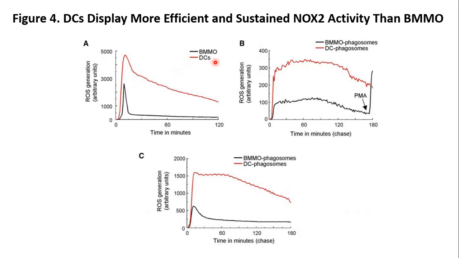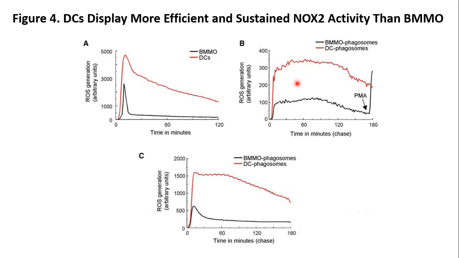You can see that DCs sustained a higher and more prolonged production of ROS than bone marrow derived macrophages. So DCs display more efficient and sustained NOX2 activity in all three cases here than bone marrow derived macrophages.